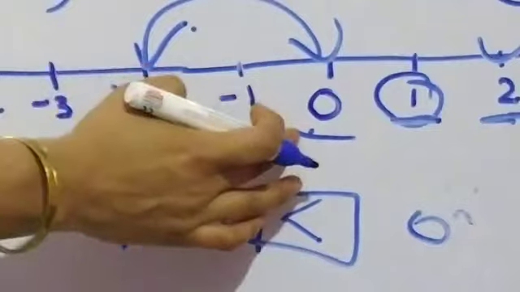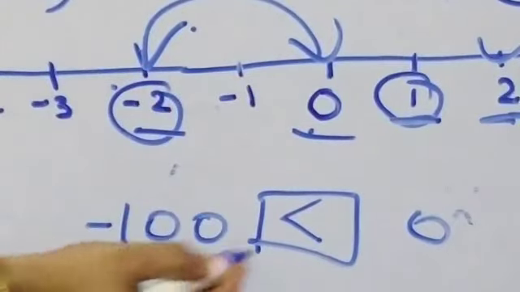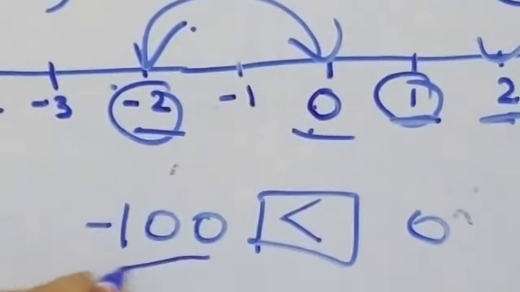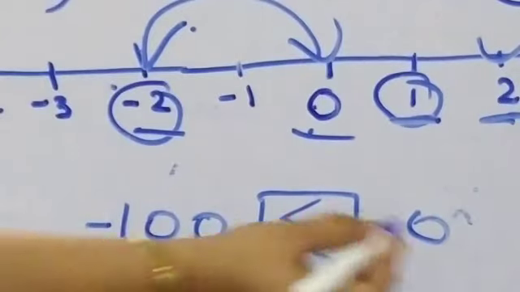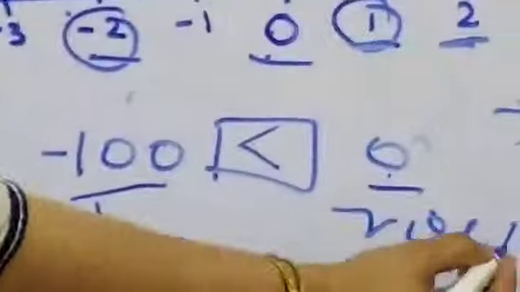Yes, it is absolutely correct. Minus 100 will be where? It will be on the left hand side of 0. So left hand side of 0, that means this is less. This is to the right, that means this is greater.